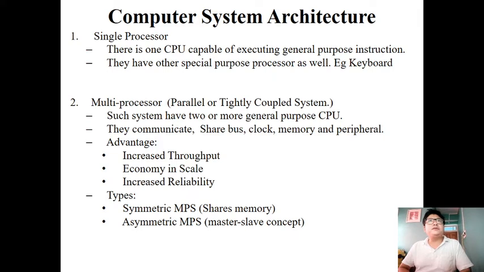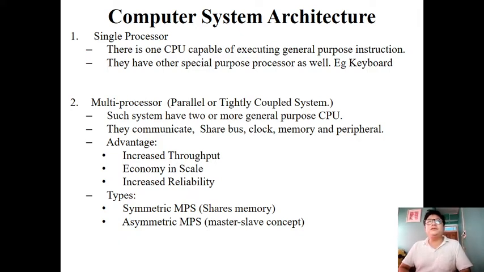The multiprocessor computer system is also known as a parallel computing system or tightly coupled system. As the name suggests, it is parallel because it can execute more than one general purpose instruction at the same time. That's why it's called a parallel computing system.